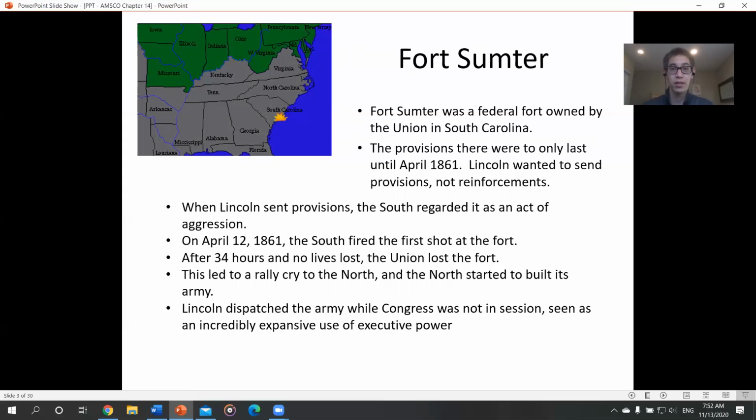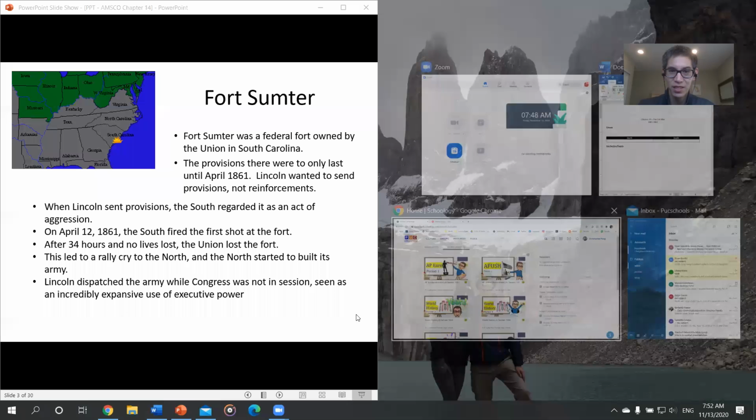And so the North, after this attack on Fort Sumter, began to build up their army. Lincoln, while Congress was not even in session, sent out the army. Some people viewed this as an unfair expansion of presidential power, which is a theme that we'll see with Lincoln during the Civil War.